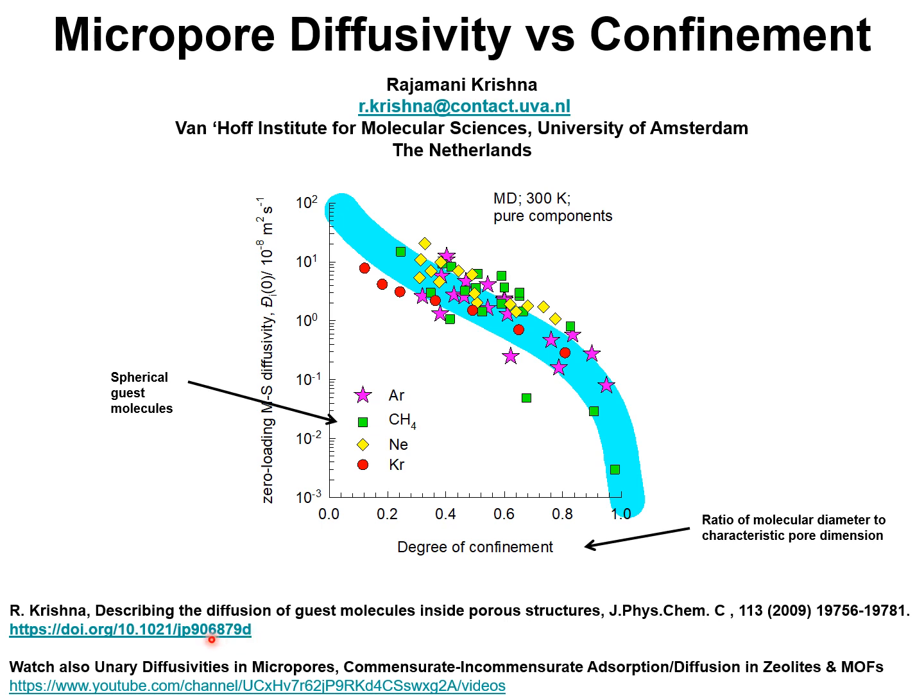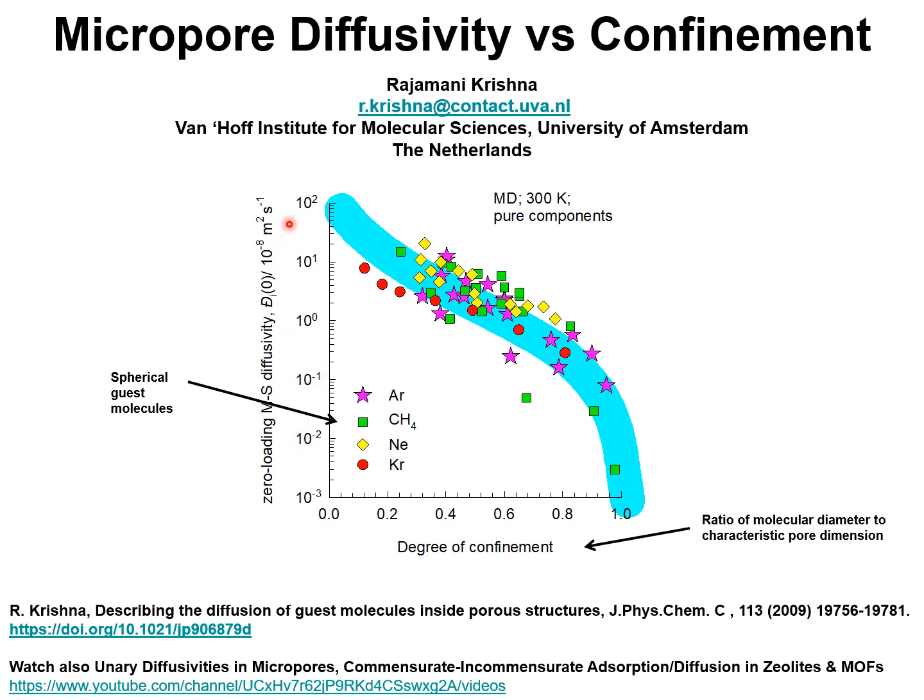In a review article I had published in the Journal of Physical Chemistry in 2009, I had plotted the diffusivity in zeolites, MOFs, covalent organic frameworks with characteristic pore dimensions less than 2 nanometers.